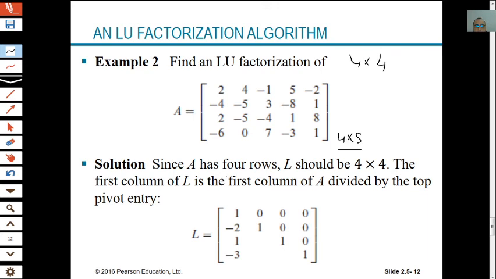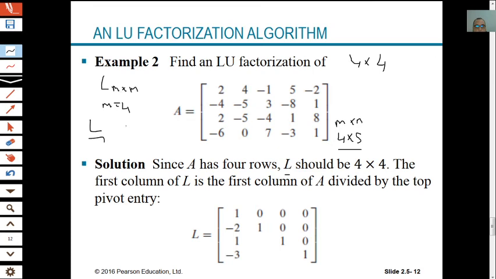Since A has 4 rows, the matrix L should be 4 by 4, because M is equal to 4 and N is equal to 5. If you remember the formula, the lower triangular matrix should be an M by M matrix. Therefore, M is equal to 4.